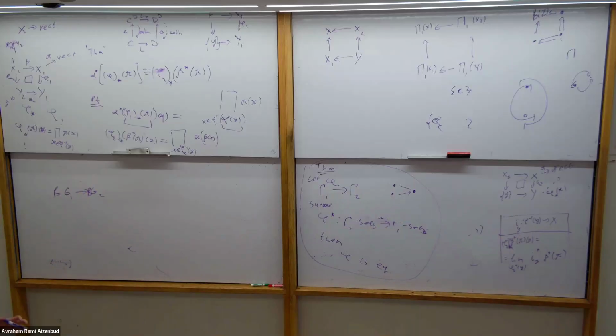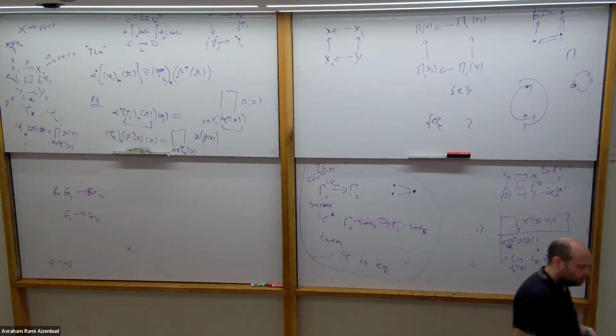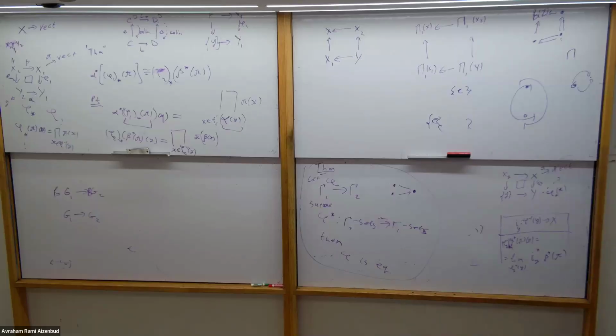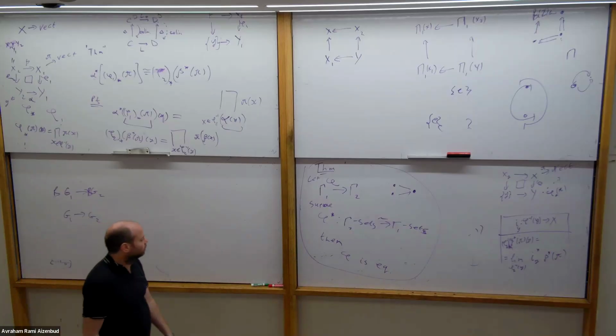A function between BG1 and BG2 is the same as a morphism between G1 and G2. If a morphism between two groups induces an equivalence of categories between the categories of G-sets, then this morphism has to be an isomorphism. Again, you just prove it has to be one-to-one and onto, so it's an isomorphism. I'm sure there are better proofs, but this is one.